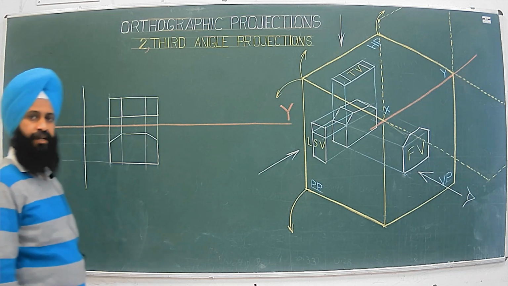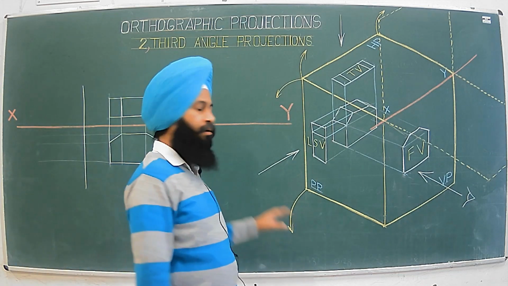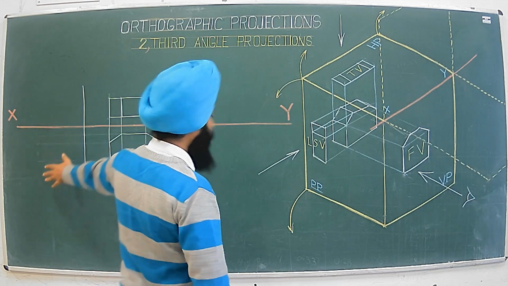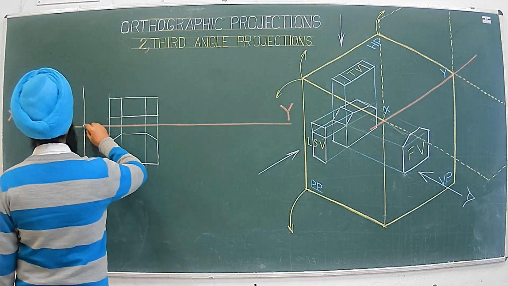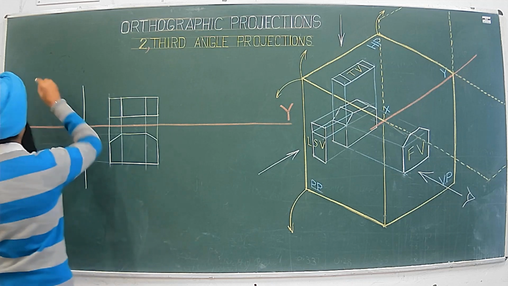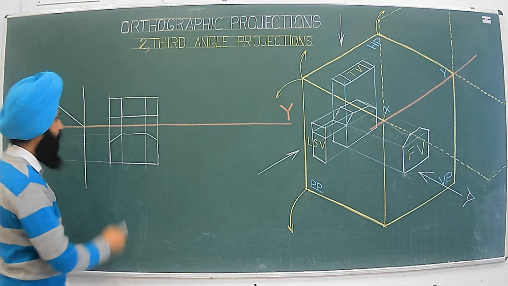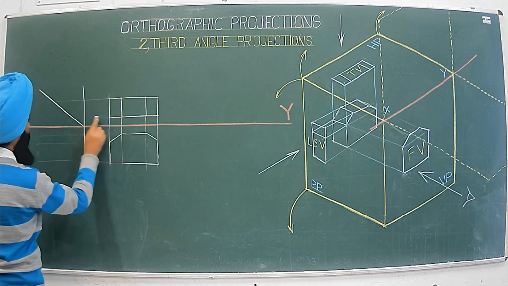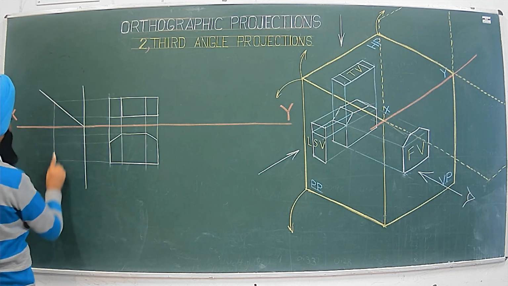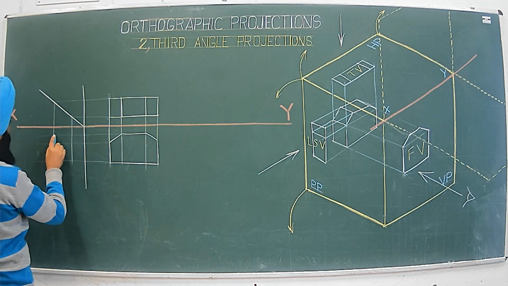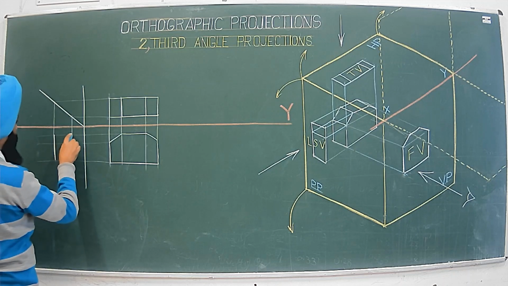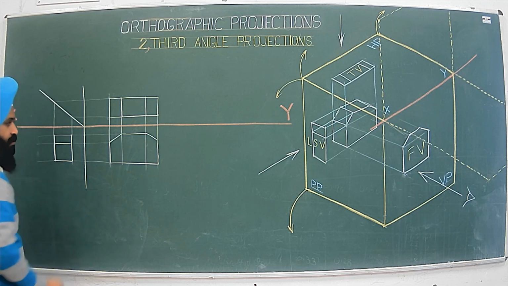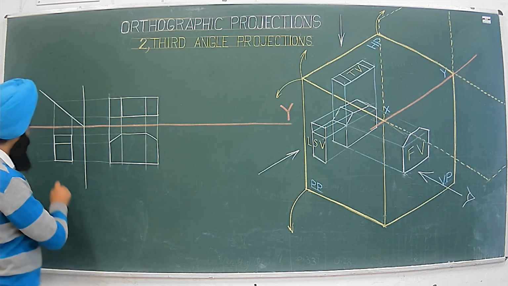Now we are shifting all the dimensions from the top view over here to draw the side view. For this we require a 45-degree angle. Now this is the left side view of our object.